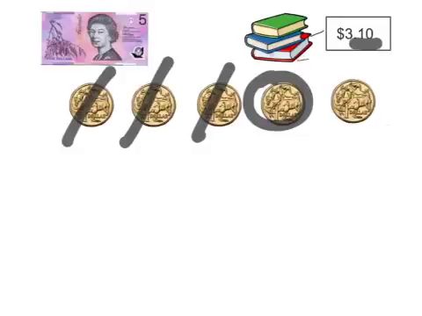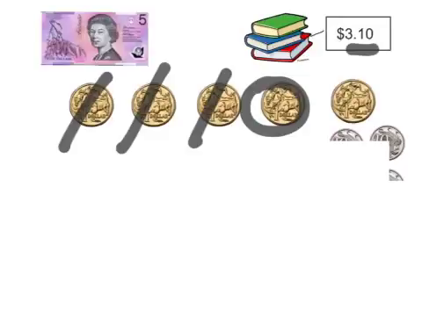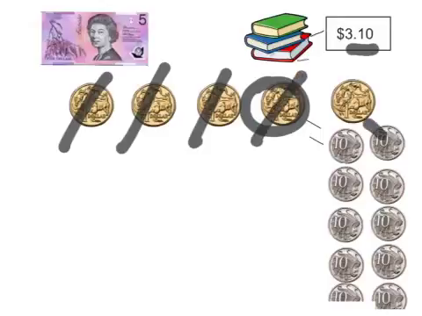So I'm now thinking about the relationship between 10 cents and $1. And I know that 10 10-cent pieces equals $1. So I can cross off that dollar now because here it is here. I spent 10 cents, so I just cross off one 10-cent piece.